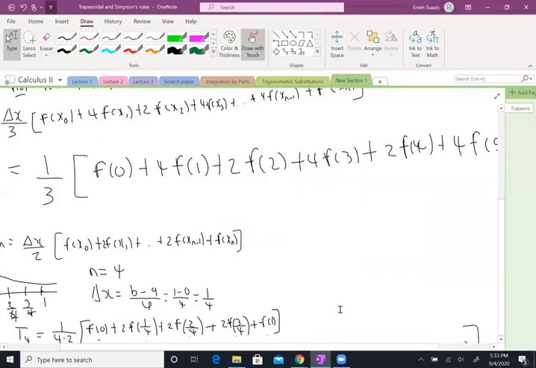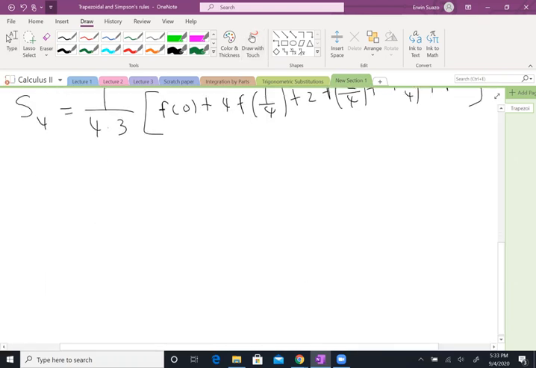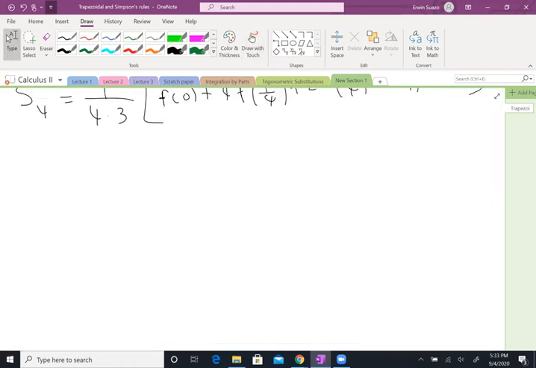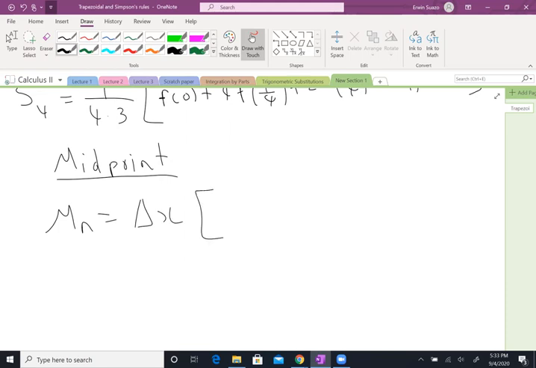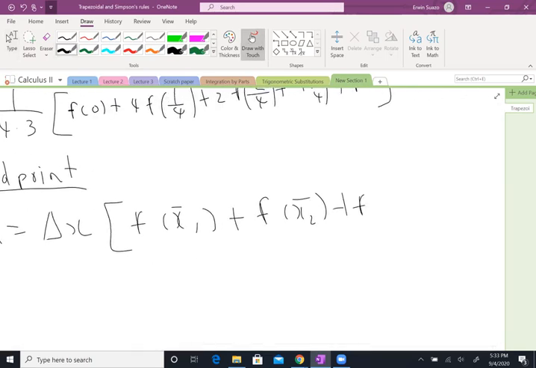So for midpoint, the formula is M_n equals delta x times f of x1 plus f of x2 plus f of x3 plus f of x4, and those are the middle points of the intervals. I will show you in a second.